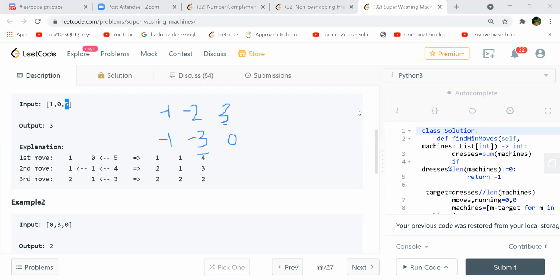Therefore, whichever machine has the maximum value, if we take the absolute one, that maximum value will be the number of moves. Yes, because of that. So this is for this one. And for the next one, the second example, it will be -1, 0, and -1, right?